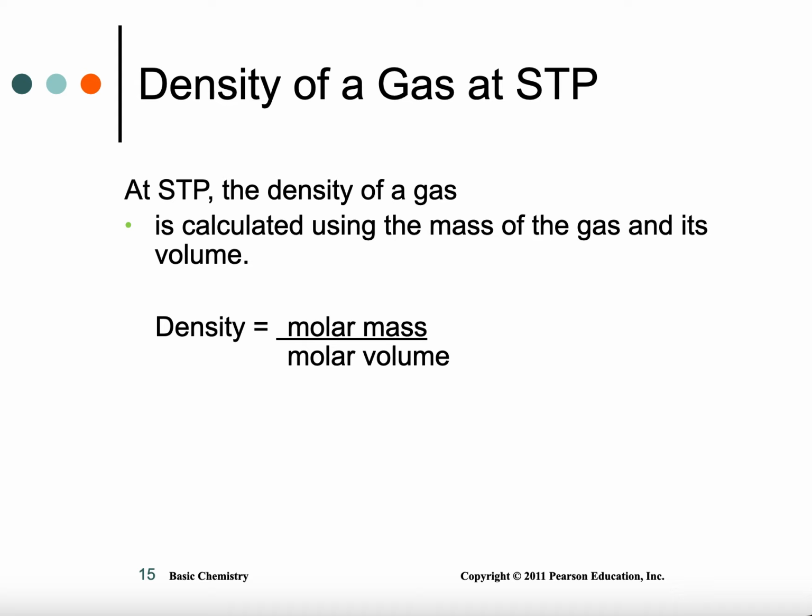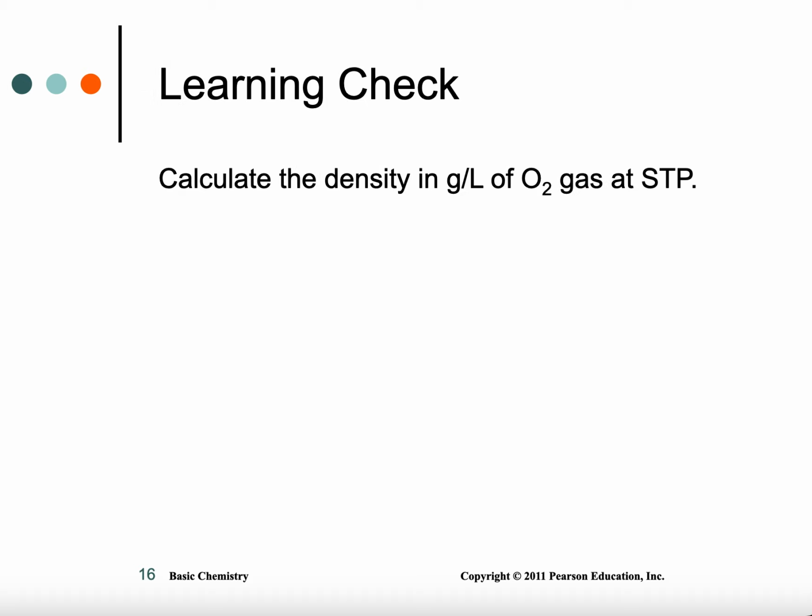And you could know, is this gas going to inflate a balloon and rise in the air or sink in the air? You could compare one gas to another gas. That's pretty amazing. Okay, so calculate the density of oxygen at STP.